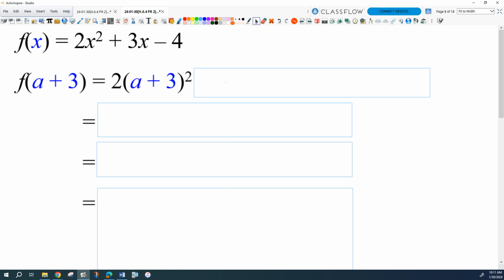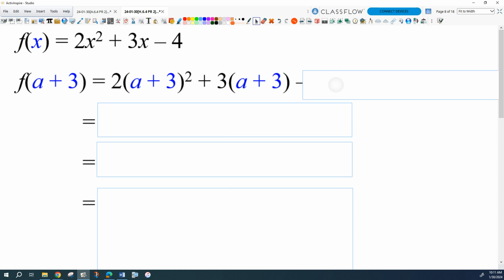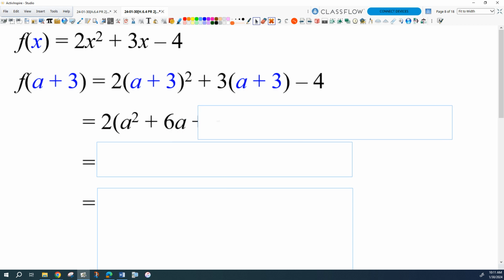So that's going to look like 2 times the quantity a plus 3 squared plus 3 times the quantity a plus 3 minus 4. Okay, so what would I have to do first when I'm simplifying this? By PEMDAS order of operations, what's first? I have to square out the a plus 3. So what's that going to be? A squared plus 2ab. So I'm going to get a squared plus 2 times a times 3, so there's my 6a, plus 9, right?